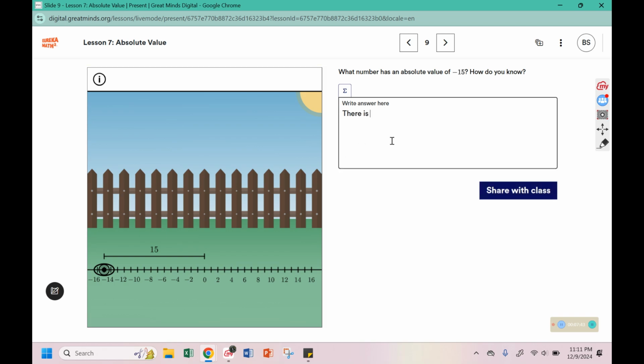So there is no number with an absolute value of negative 15. And then it says, how do you know? Distance is always measured with a positive number.